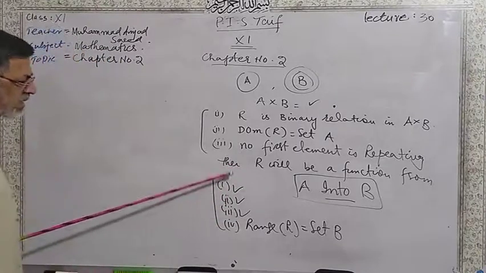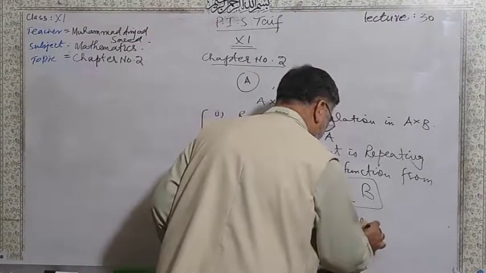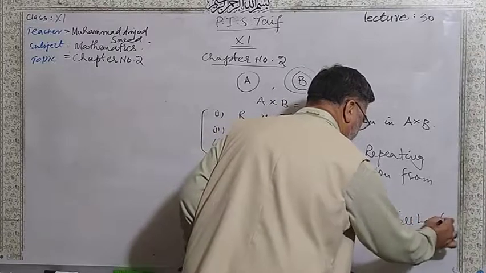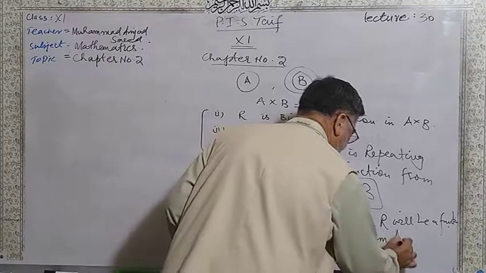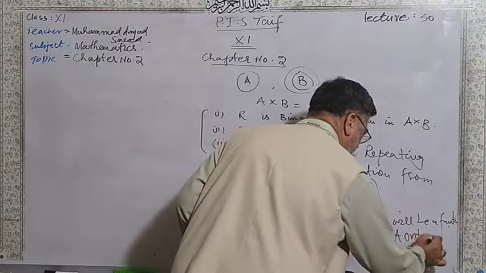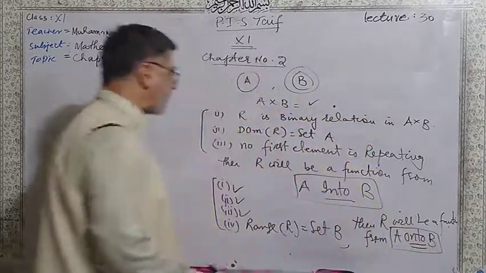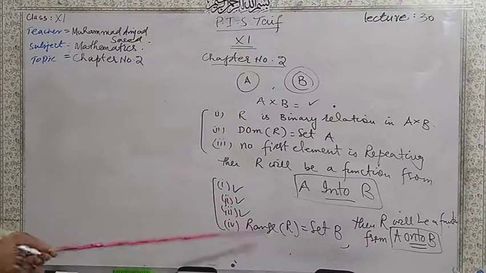If the 4 conditions are satisfied, then R will be a function from A onto B. This is an onto function if 4 properties are satisfied.